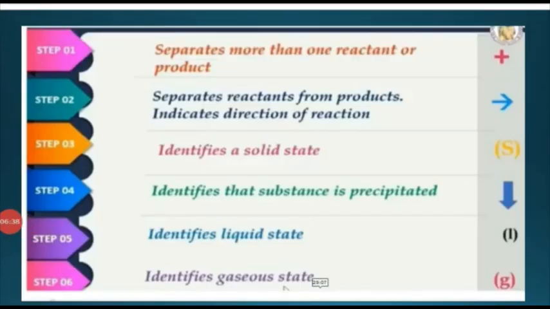Let me show the symbols used for reactants. First, we have 6 steps. These chemical reactions have some rules and principles to write the chemical equations. First, you see this plus sign. This plus sign is used when you are adding two components.